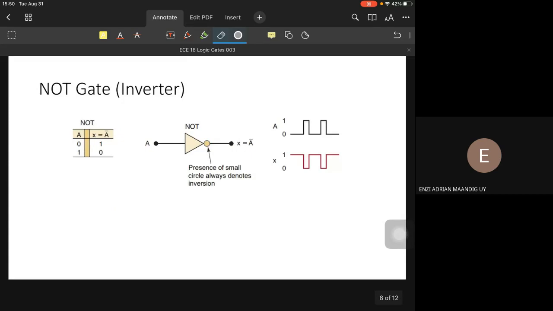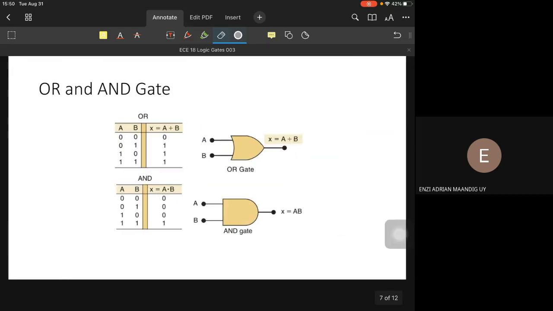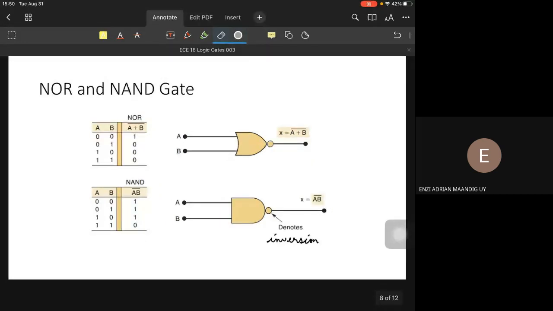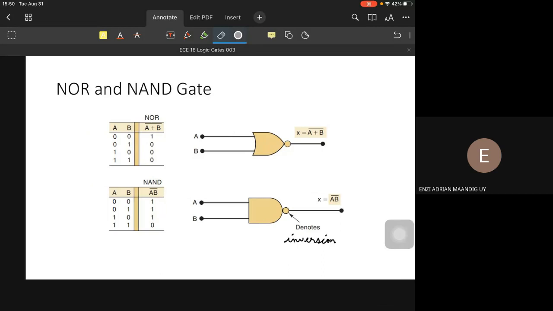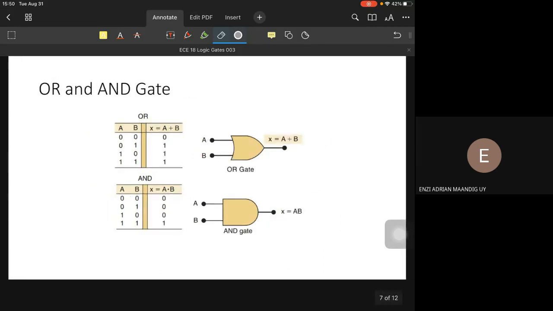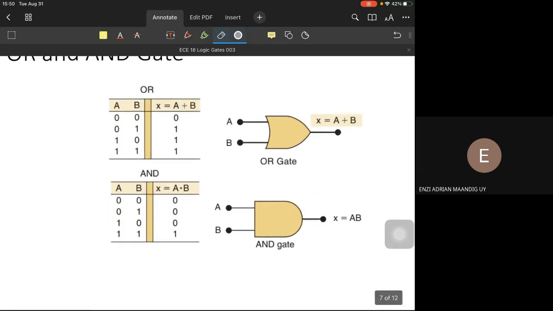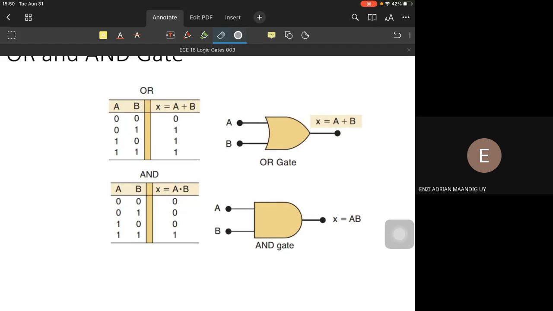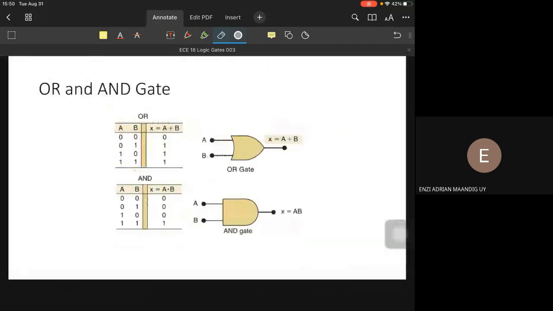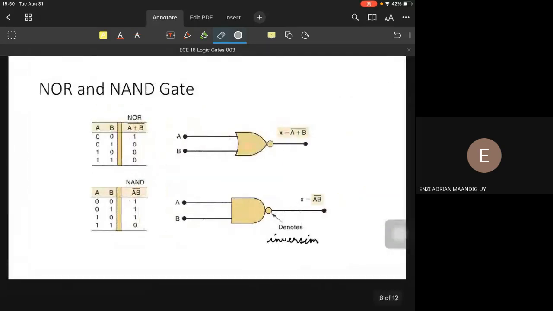The NOT gate has only one input, whereas the OR, the AND, the NOR, and the NAND could have multiple inputs. So even if you don't search the internet, I think you can predict what happens if our inputs are A, B, and C, whether OR, AND, NOR, or NAND.